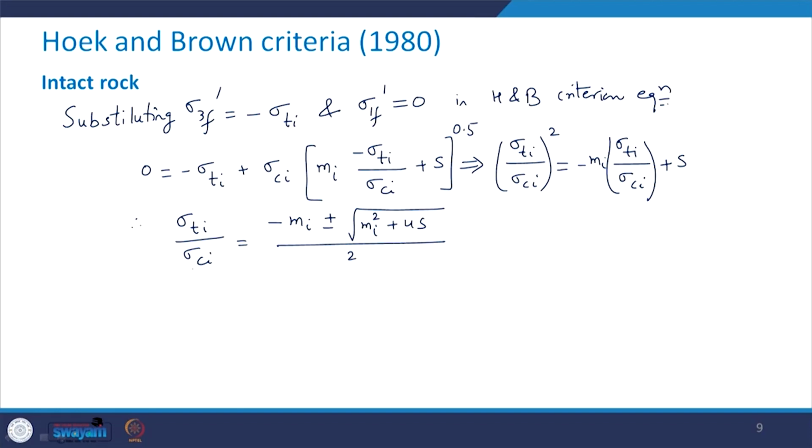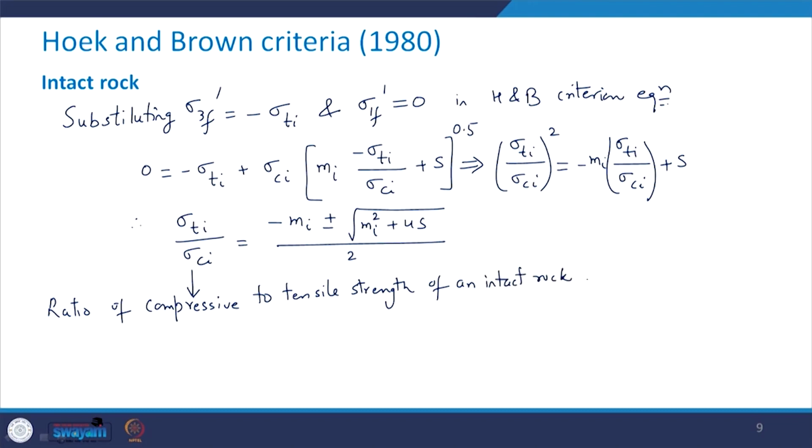So, from here we can see that this ratio, which is the ratio of compressive to tensile strength of an intact rock, depends upon only mi, as s is equal to 1 for intact rock.